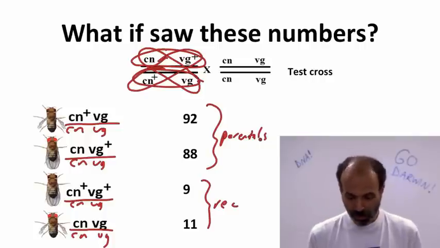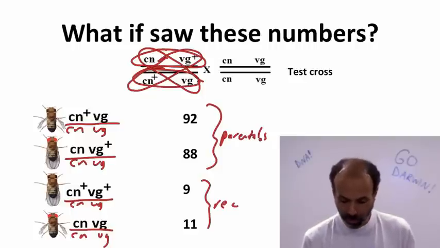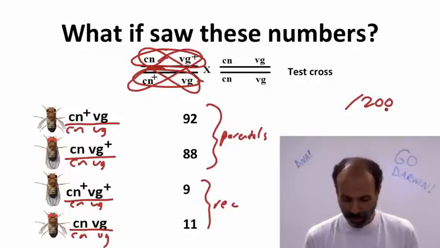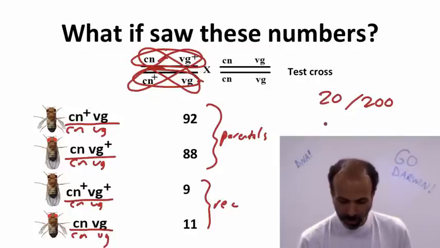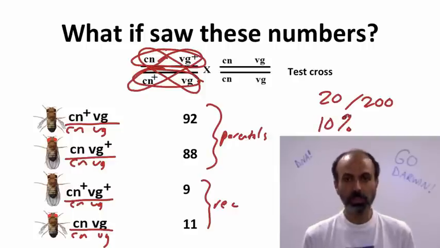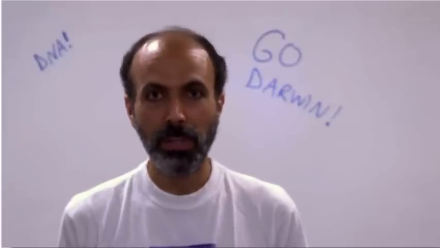Now what fraction overall here are recombinant? The total number of flies here is 200. The total number of recombinant here is 20. So the recombination fraction is 10%. There's 10% recombination between these two genes. So this gives you some idea of the distance between them.